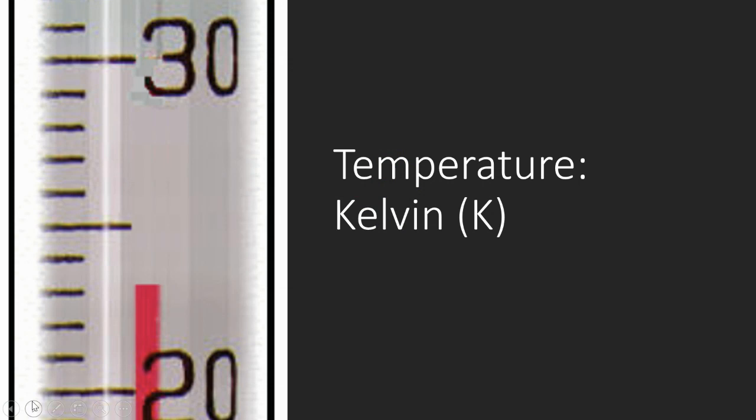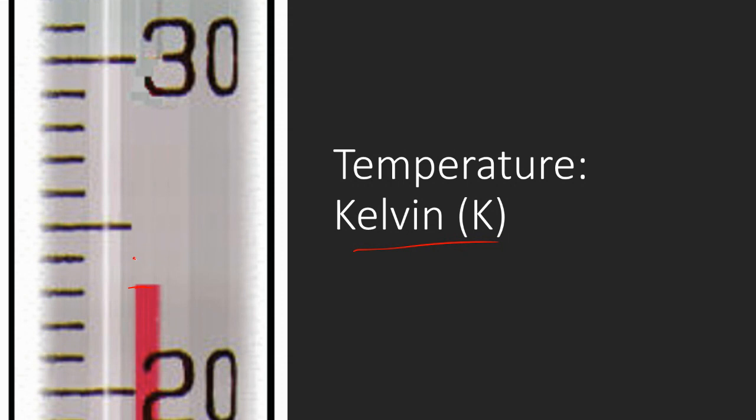I got a picture of a Celsius thermometer over here on the left, but the temperature scale that we use for the SI system is Kelvin. Talk about why in a minute. Thinking back to measurements, if I wanted to measure the temperature here and I'm reading this level against this scale, it looks like it's right at about 23.